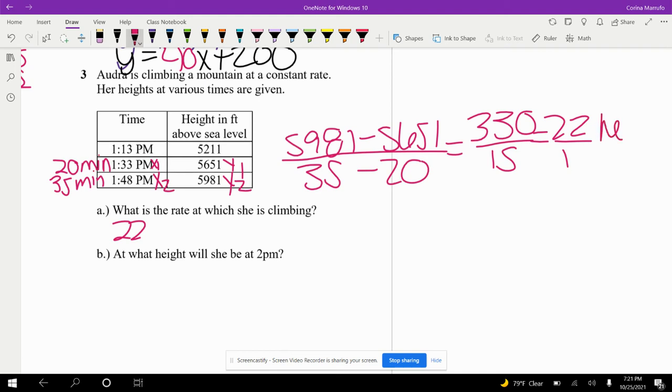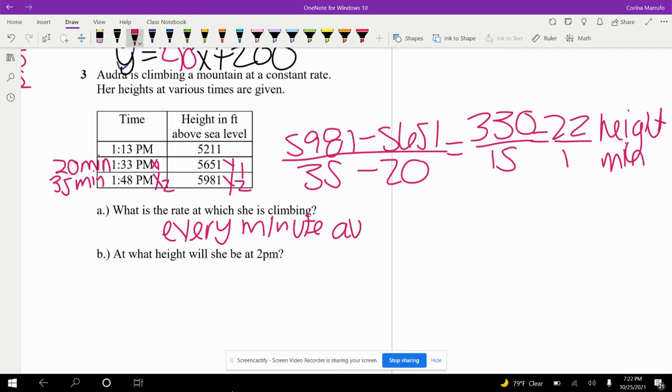This is height per minute. So every minute, Audra climbs 22 feet.